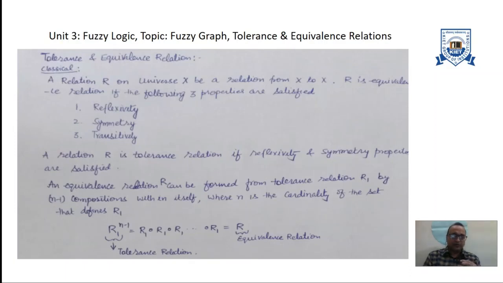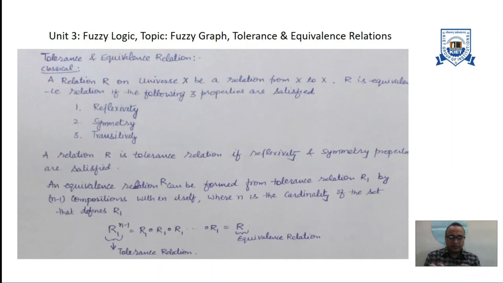Now we come to another topic, the tolerance and equivalence property of a relation. I am giving you the information to understand this concept. It can be understood with the help of three different properties: the reflexivity property, the symmetry property, and the transitivity property. I will tell you about these three properties later on.